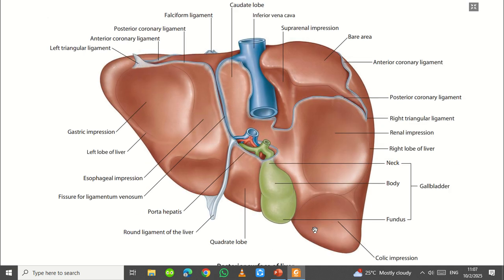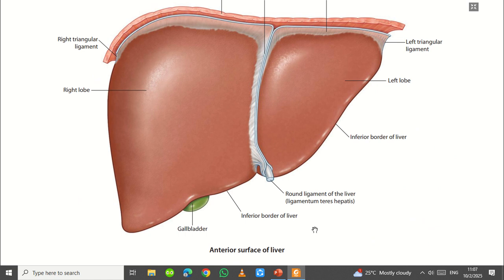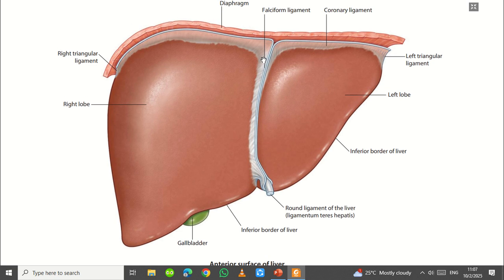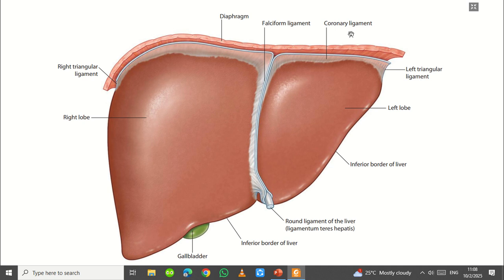Good. Let's take a look at the peritoneal reflections of the liver. So, anteriorly, we said we have the falciform ligament that connects the liver to the anterior body wall. And this falciform ligament, as it goes superiorly, is going to extend as the coronary ligament.